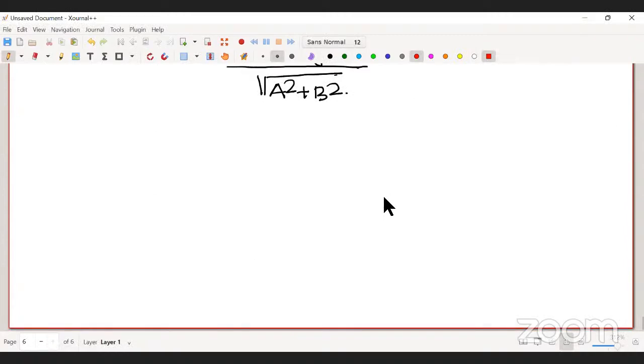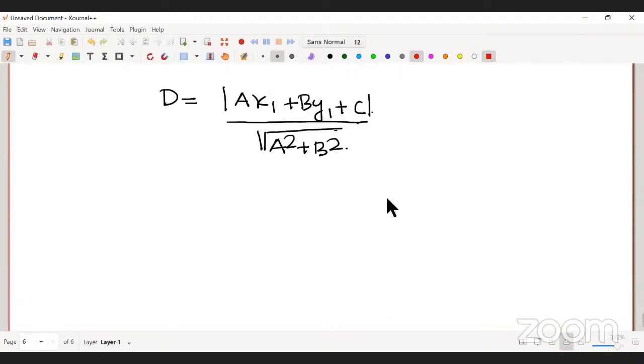Next thing is, suppose you have two lines which are parallel.